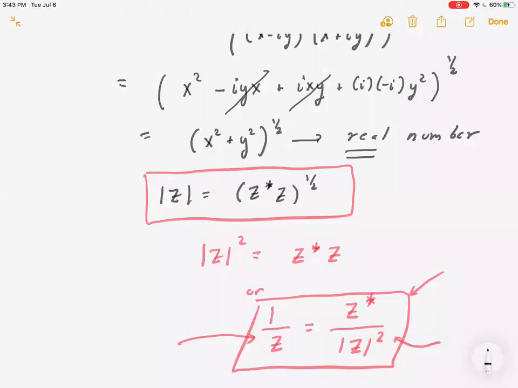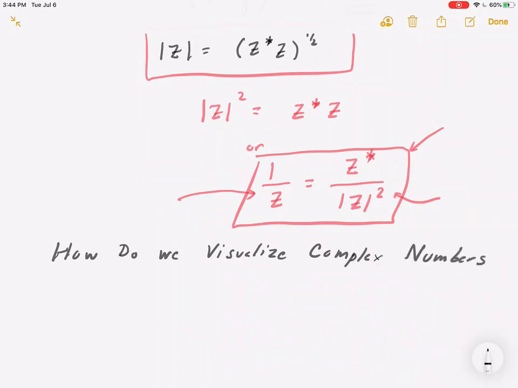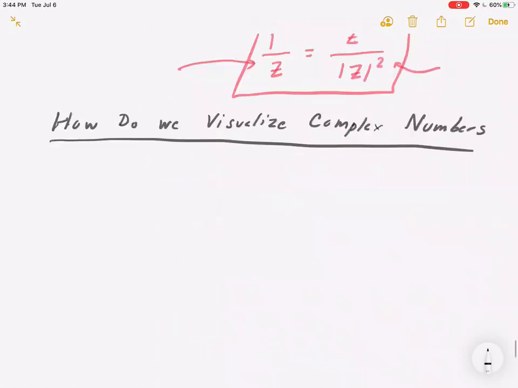Okay. So how do we visualize complex numbers? And there's a very, very neat way of doing that. We can recognize that we start out with real numbers that lie along the number line.